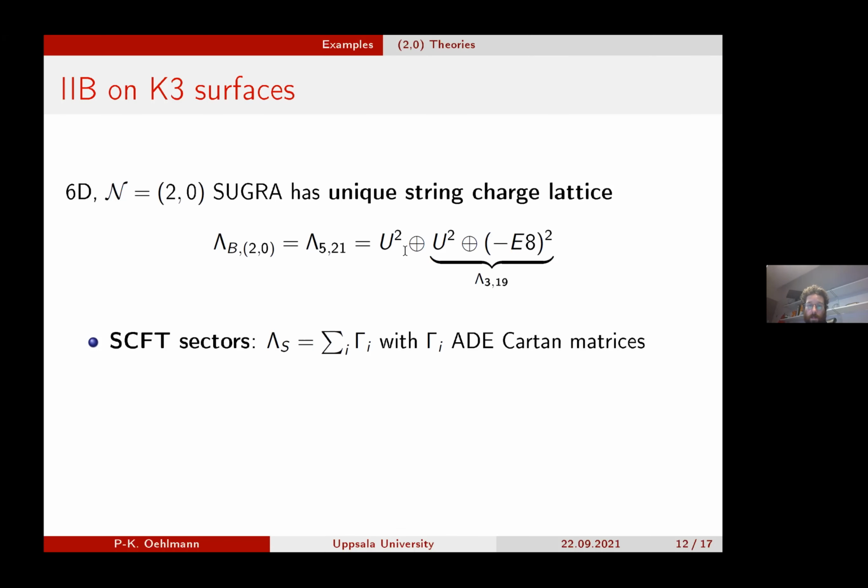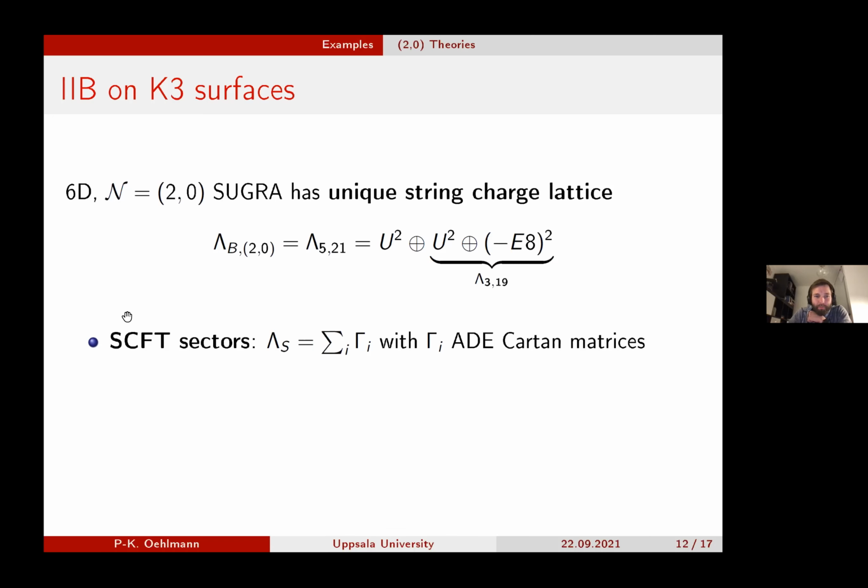Maybe it's a bit of a surprise that there are 2 additional pieces of the hyperbolic lattice U inside here, but these essentially correspond to the transformations of the B2 and the C2 field and the self-duality. Whereas this part here is exactly, oh wait, there's a U to the 3 missing, sorry. This part here is precisely the lattice of the K3. So this is the string charge lattice that a generic (2,0) supergravity theory has when you put type 2B on a K3, but it can also be non-geometric.